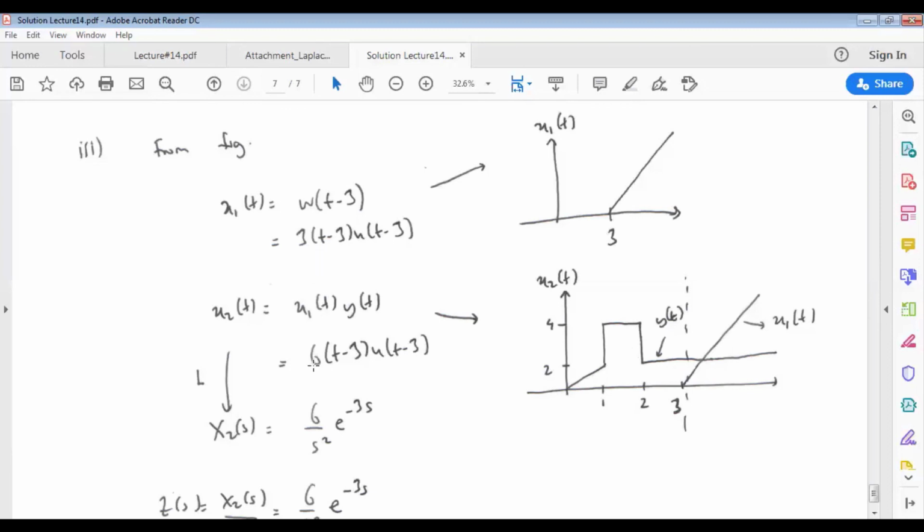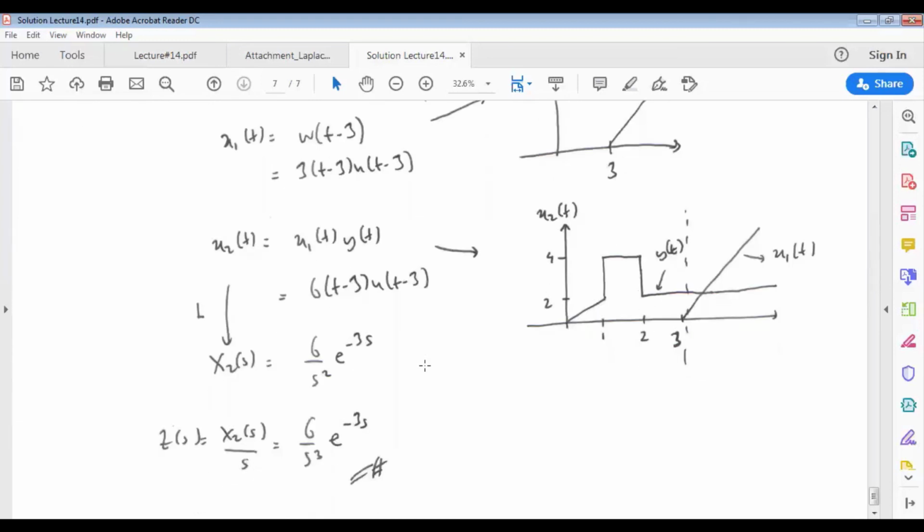So we're going to have 6(t-3)u(t-3). So the Laplace transform for x2(t) will simply equal 6 over s squared exponential of negative 3s, because we are using the shifting properties.